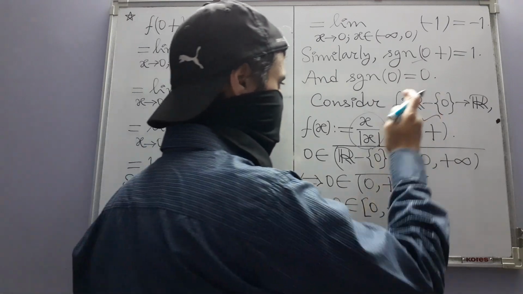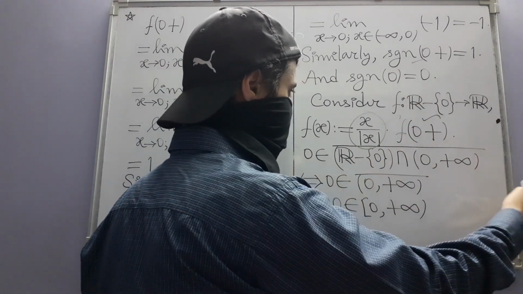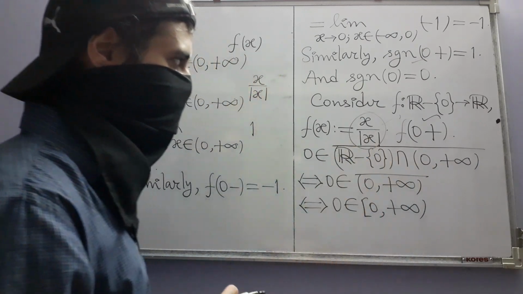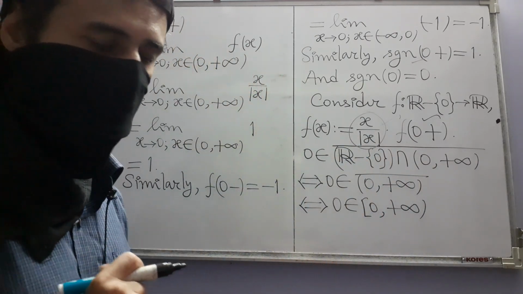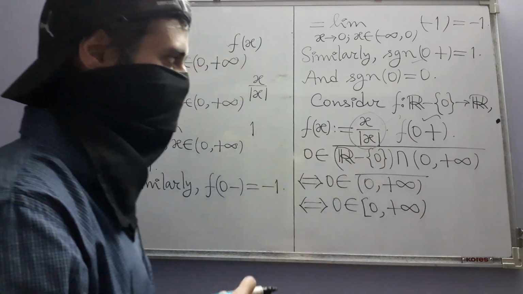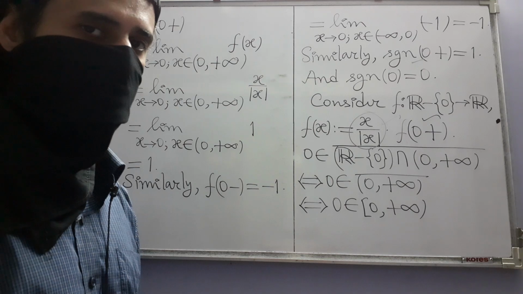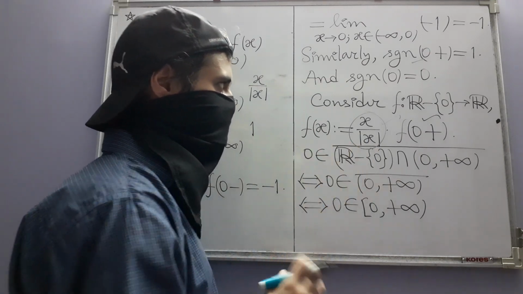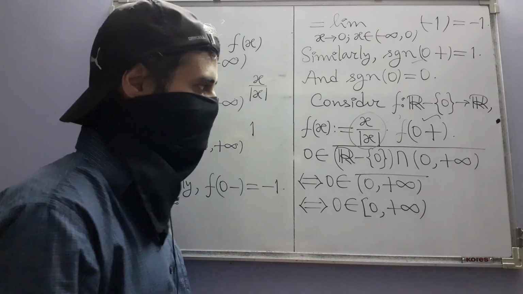Why? Because to the right of 0 in that region, the denominator is x, so ultimately it's just constantly 1. Whereas to the left of 0 it is minus x, so it is constantly minus 1. So the point here is that the point need not be a point in the domain of the function.